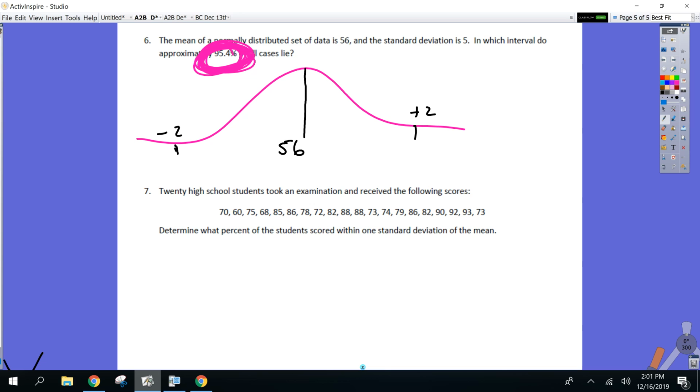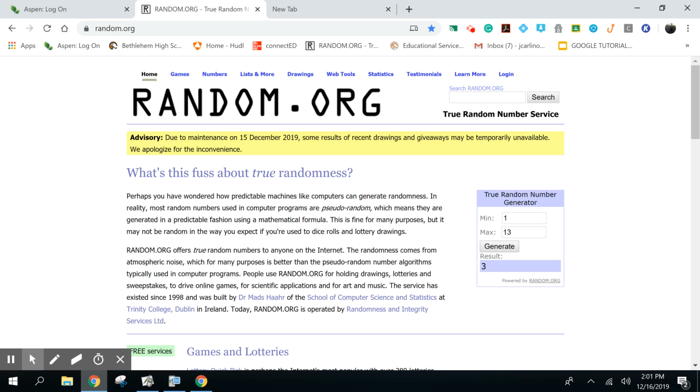How am I getting to +2? Twice, I add 5. I get to +1, which would be 61. Add 5 again. 66. Who's going backwards now?